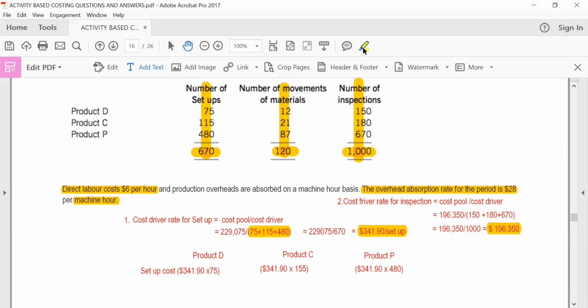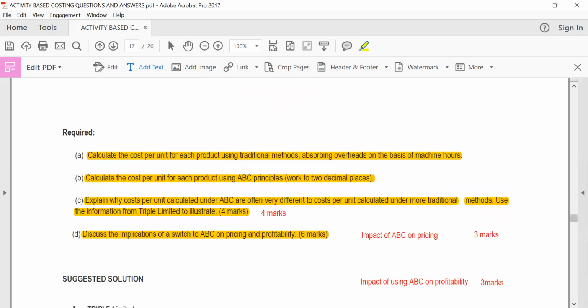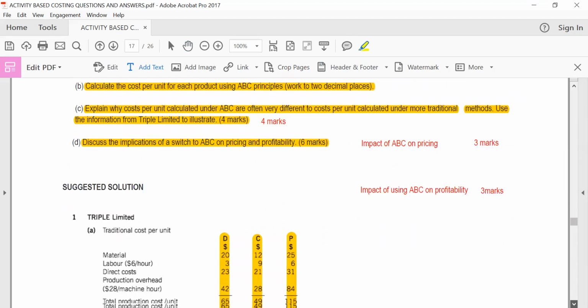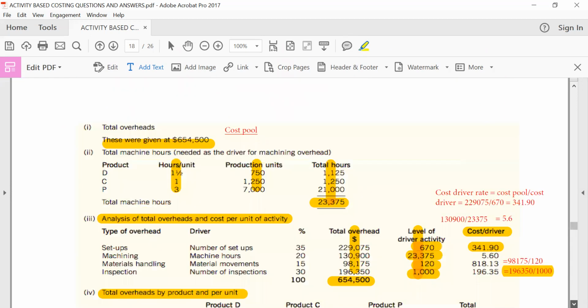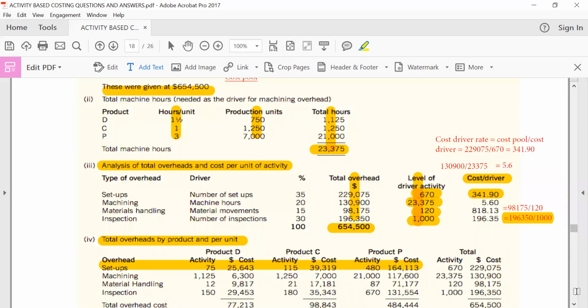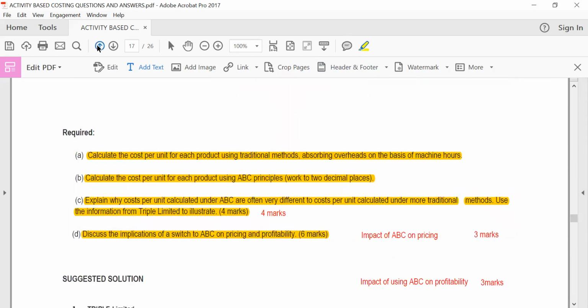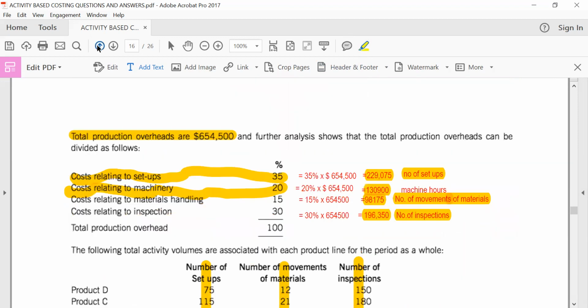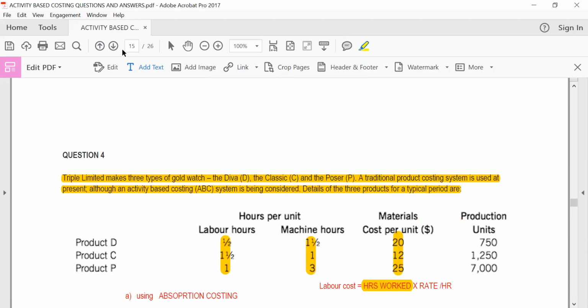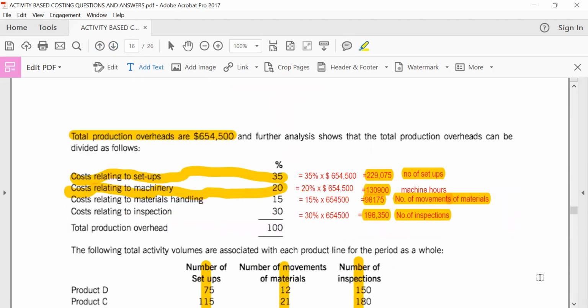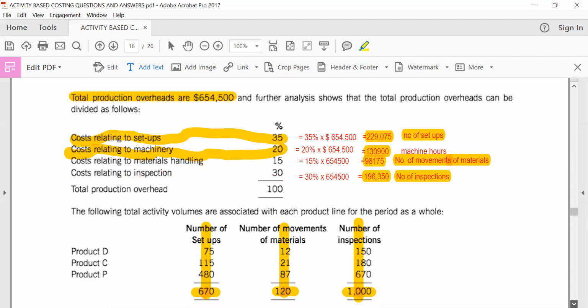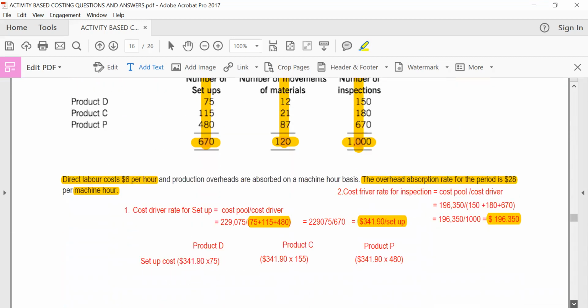Where are the individual denominators? The individual denominators is 150. Sorry, where is it? I think I have to move a little bit up there. That is what happens when you keep on explaining.